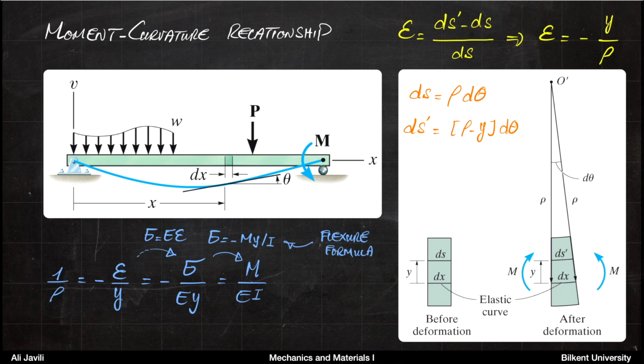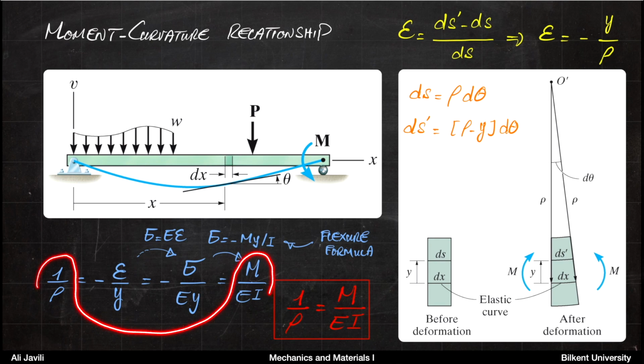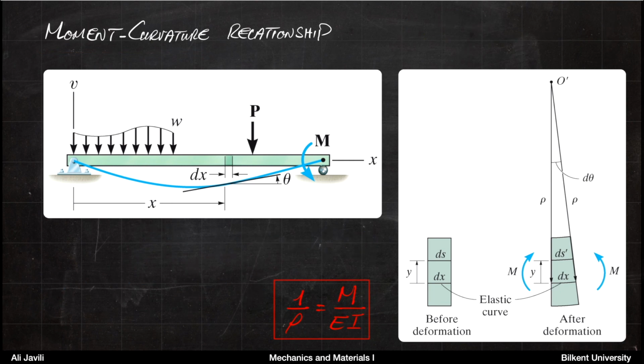You would have this relation. So this is the relation we were looking for. 1 over rho is exactly curvature, and here you can see the moment, and we were looking for the relationship between moment and curvature. But we are not done yet.